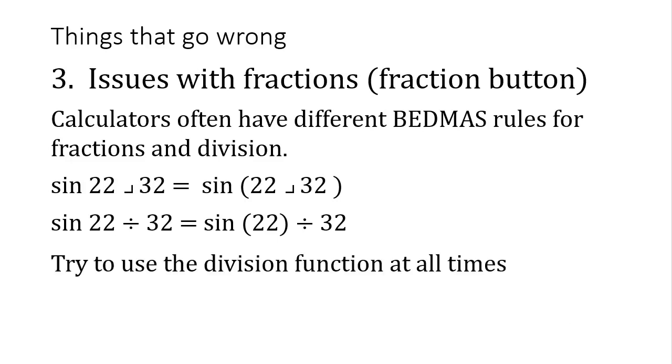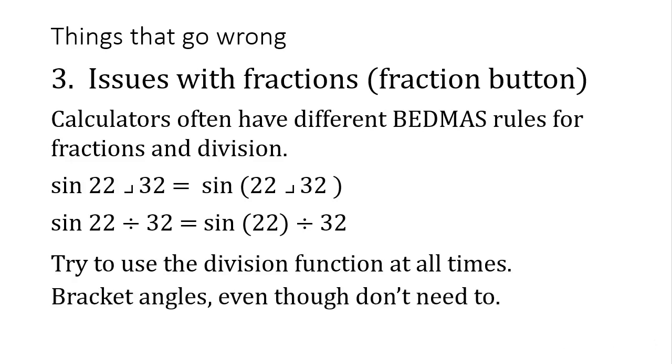My solution is that you use division all the time and that you bracket all the time. Because if you bracket sin 22 over 32, then you'll get the right answer. Doesn't matter that you don't need to, just do it all the time and then you don't get it wrong.